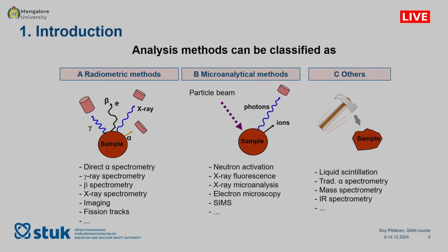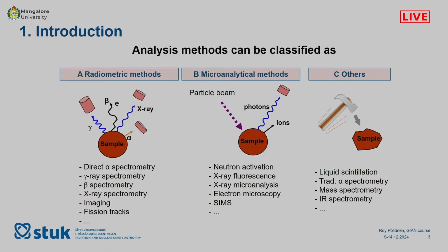What about microanalytical methods? We have to say to nuclides, please send us some information. Okay, I cannot say to them please send us information. I have to use protons or electrons or different kinds of particles so that they can send us information.